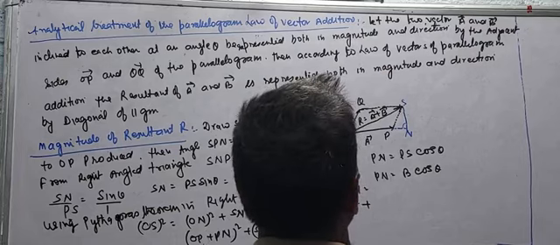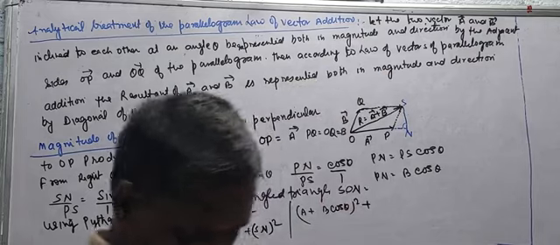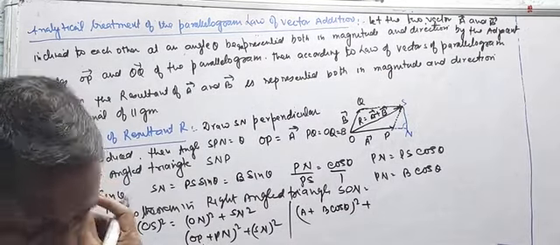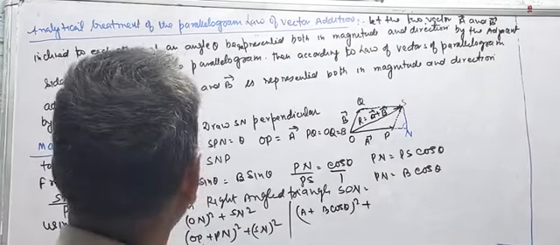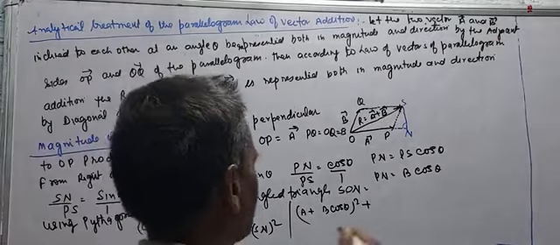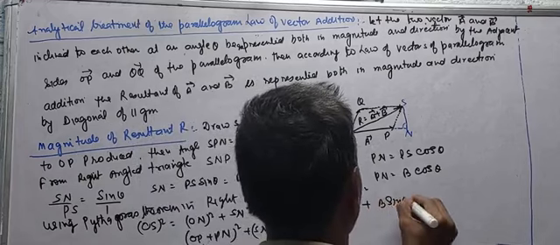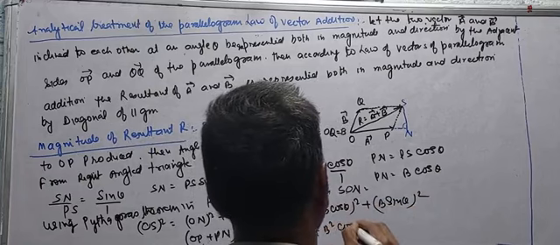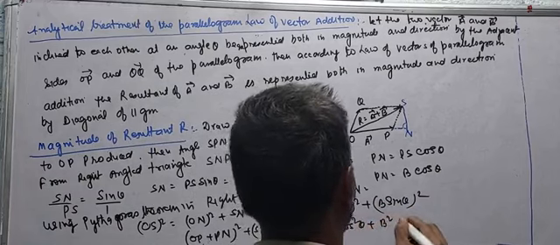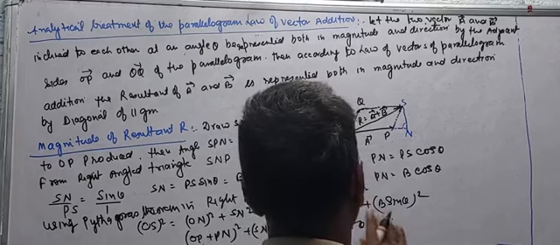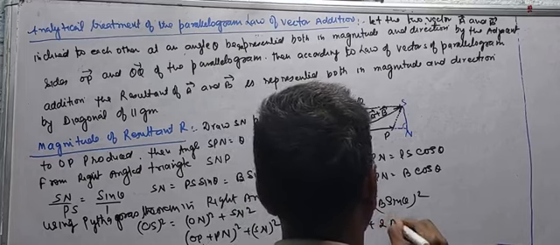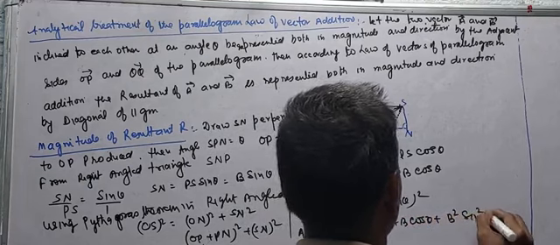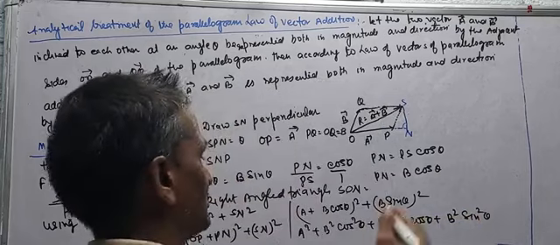SN equal to B sin theta, B sin theta का होल स्क्वायर. A square plus B square cos square theta plus B square plus 2AB cos theta plus B square sin square theta.